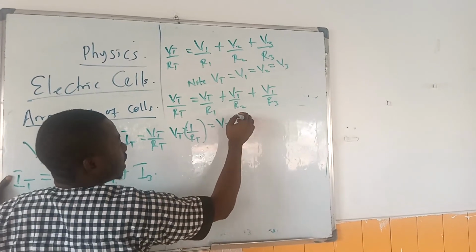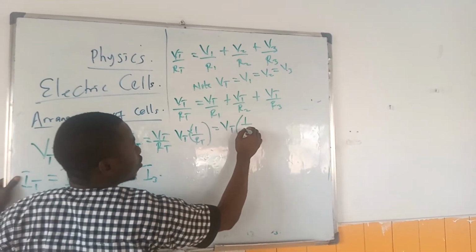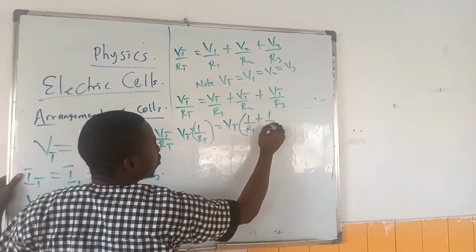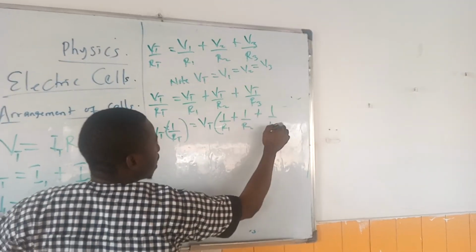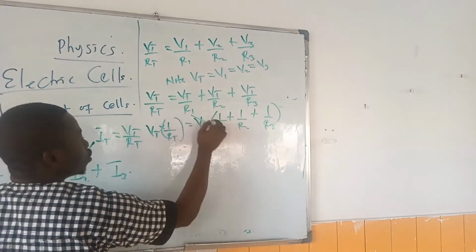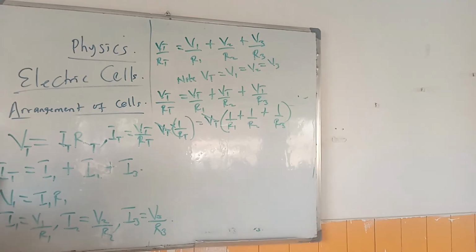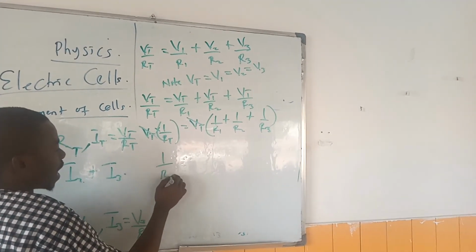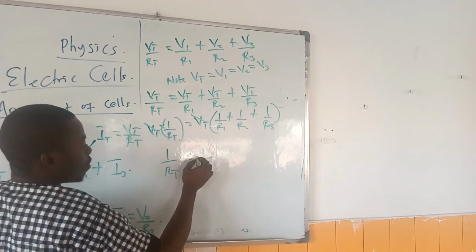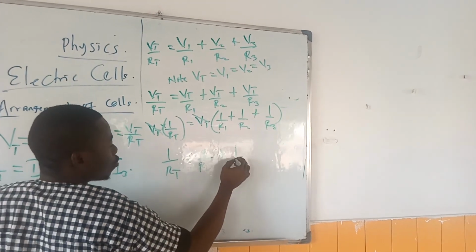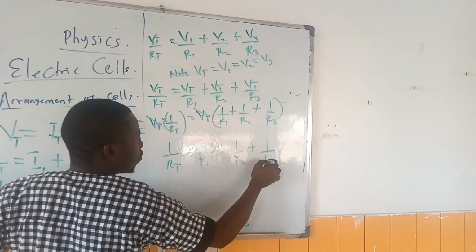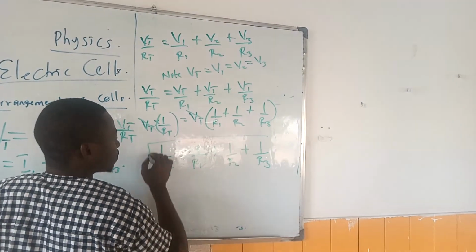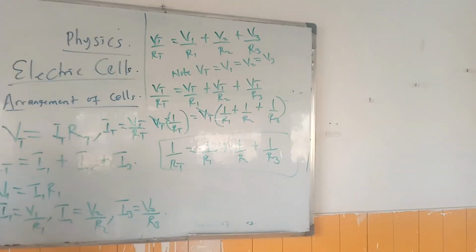You have V total into 1 over R1 plus 1 over R2 plus 1 over R3. This V total will cancel this. At the end of the day, we have 1 over R total equal to 1 over R1 plus 1 over R2 plus 1 over R3.